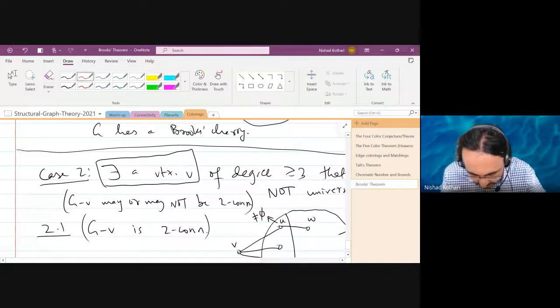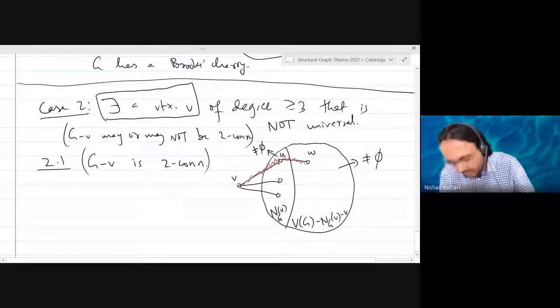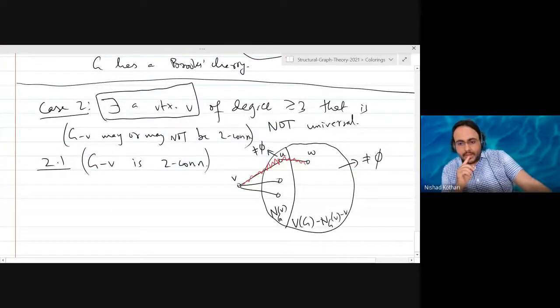Because the graph is connected, there will be some vertex on the right side, W, which is a neighbor of some vertex, U, that is a neighbor of the vertex V. Otherwise, the graph will not even be connected. So you take any such vertex W on the right side, and now UVW form a Brooks cherry.